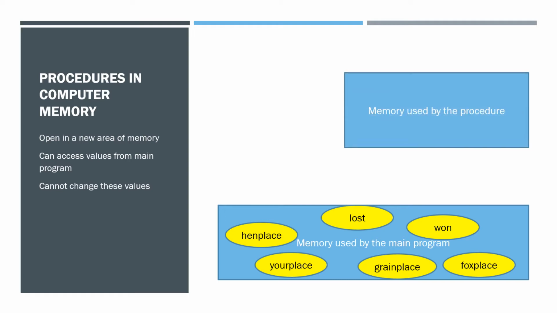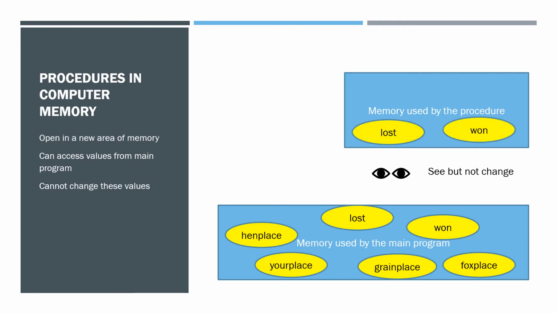When you run a procedure, a new area of memory opens. This area of memory is only open for as long as the procedure is running. The procedure can see the values in the main program, but it can't change these values.